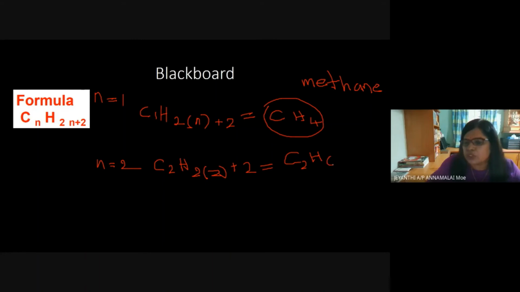Always plus 2, because we must always follow the formula. The formula says H is 2 times n plus 2. So n is 2, so you get 6. So this is ethane. Right. Okay, now the last one, n equals 3. Who can tell me the answer before I do?